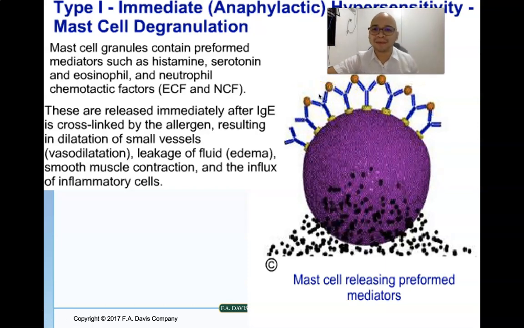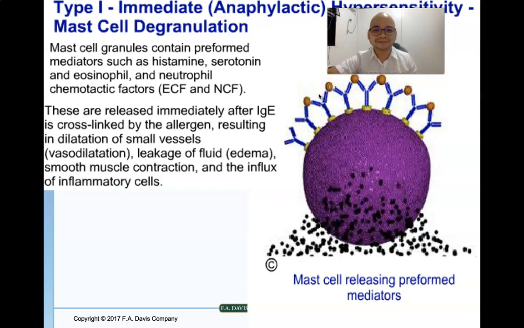Possible things that could happen are dilatation of the small vessels, which we call vasodilatation, and then there would be edema. Because of the vasodilatation, there would be leakage of fluid. For example, in the lungs, interstitial fluid will seep into the cavity, causing edema.